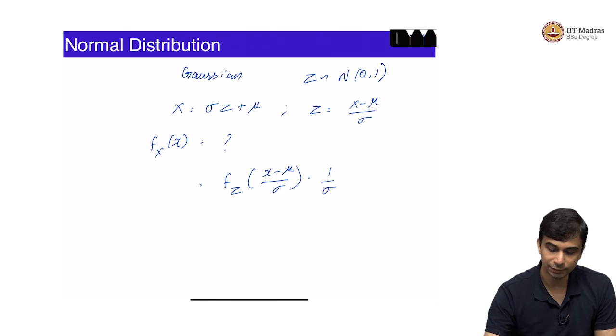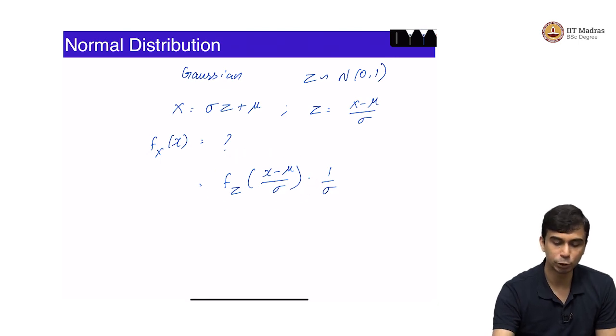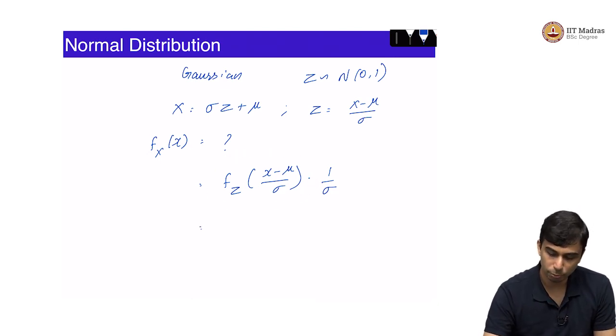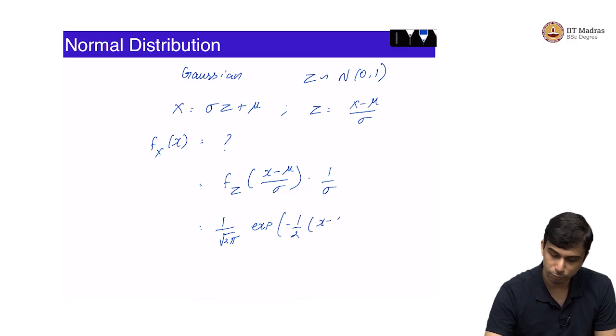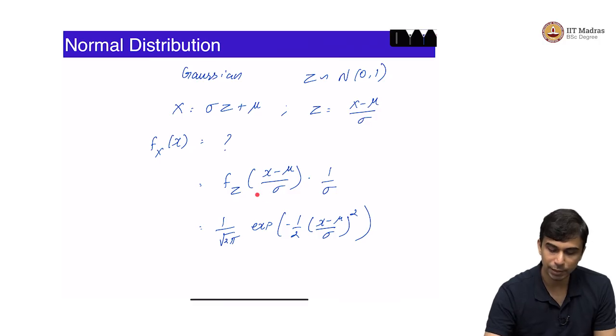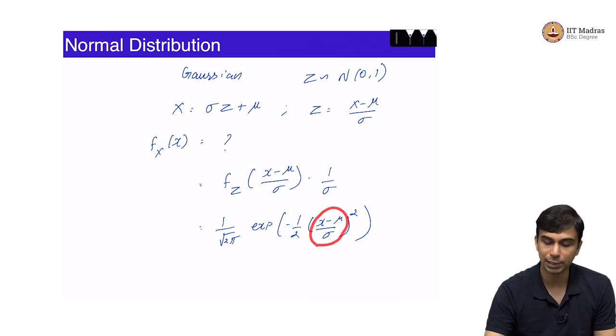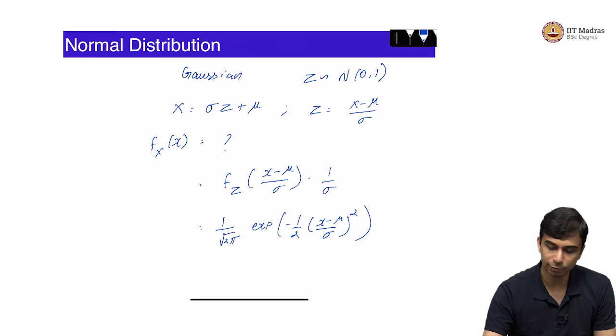So, what is f_Z of (x minus mu) by sigma? We can just substitute that here. This is 1 by square root of 2 pi times exp of minus half ((x minus mu) by sigma) the whole squared. I have just replaced z by (x minus mu) by sigma, and then you have a 1 by sigma.